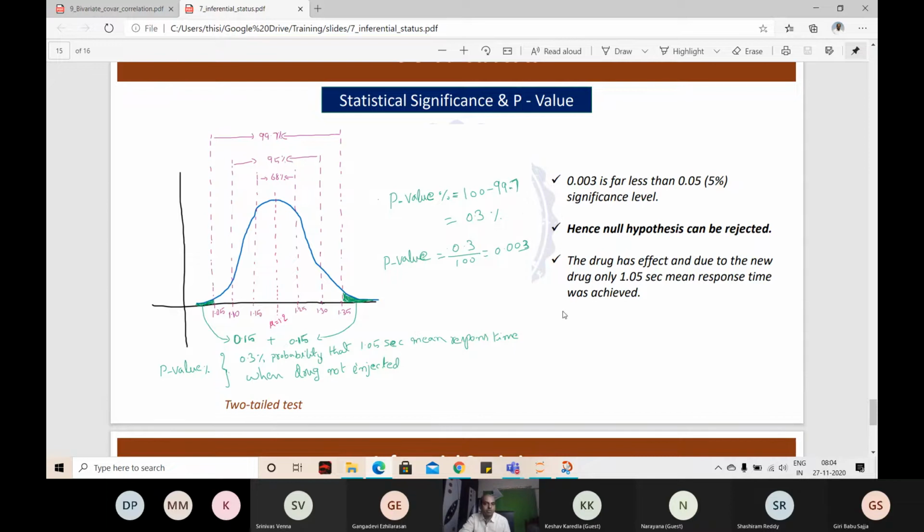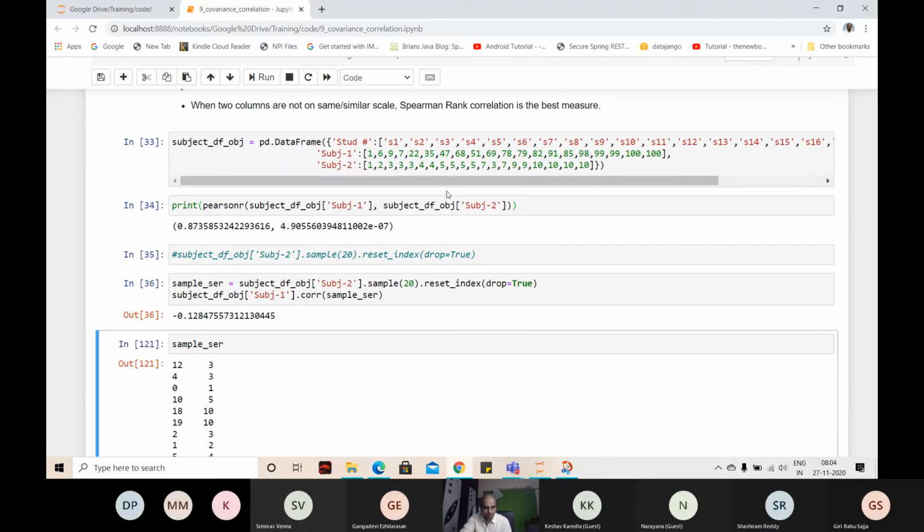So 0.0015 is the p-value. How did we calculate that? By taking the probability. That's probability only, right? How frequently it is happening when null hypothesis is true. That's the p-value. How frequently the expected result or outcome of the current experiment is happening when null hypothesis is true. Okay, so same thing we did here also.